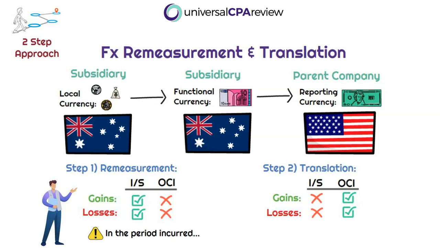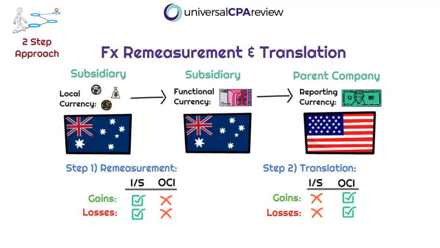So if we need to remeasure the year two financial statements, well, any gains or losses related to remeasurement are reported in the year two income statement. So we're done with step number one, and now we have the subsidiary's accounting records in the functional currency.